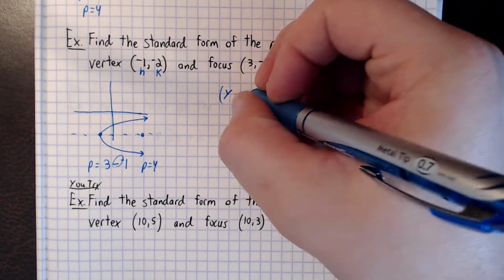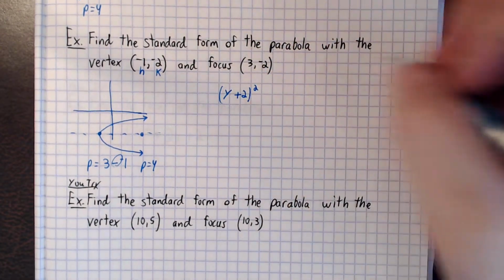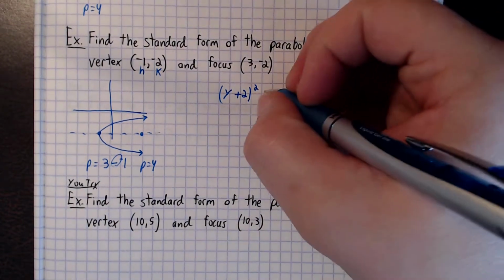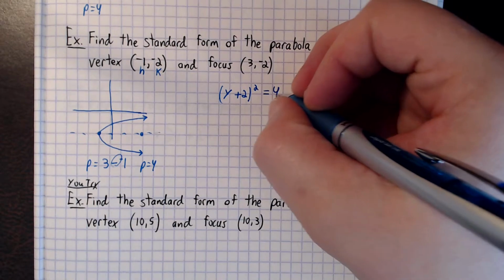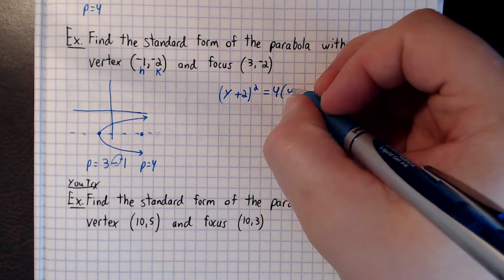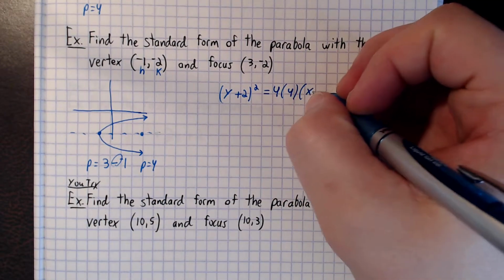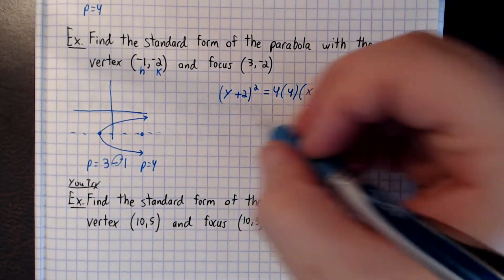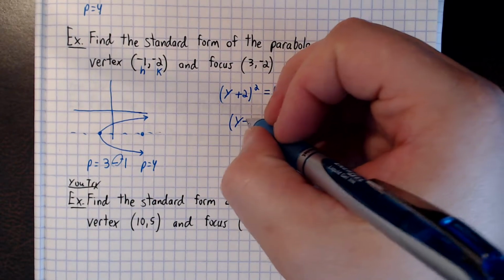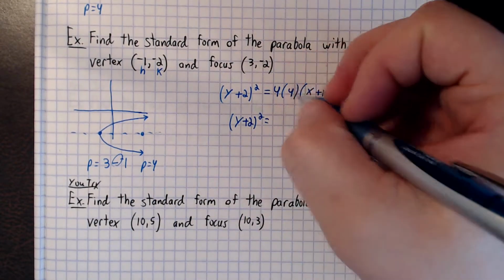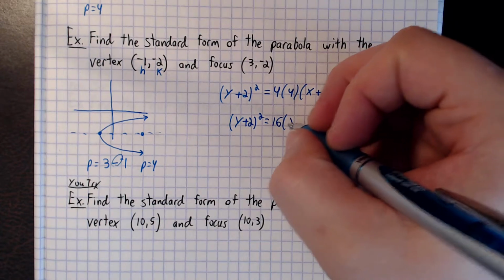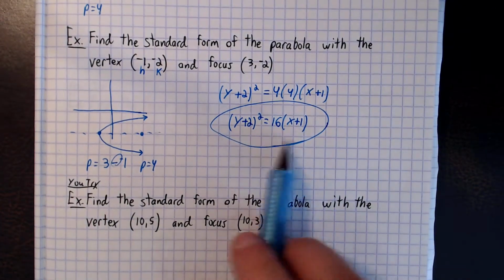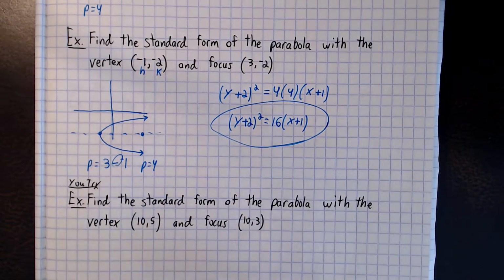That would be opposite sign, right? Negative or minus -2, change that sign. 4 times p, which is 4, and then x minus -1, so that becomes +1. So here it is: y plus 2 squared equals 16 times x plus 1. That is the equation of this particular parabola.